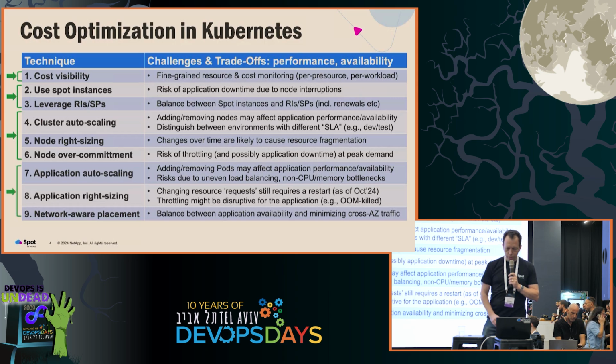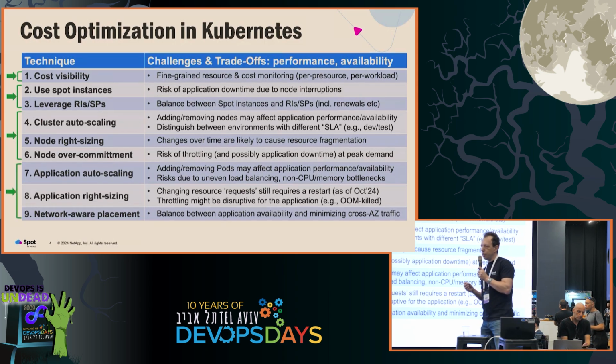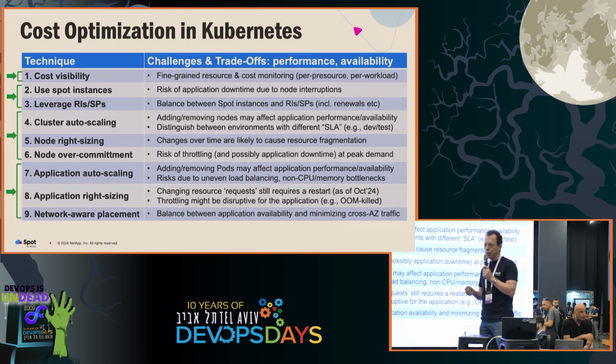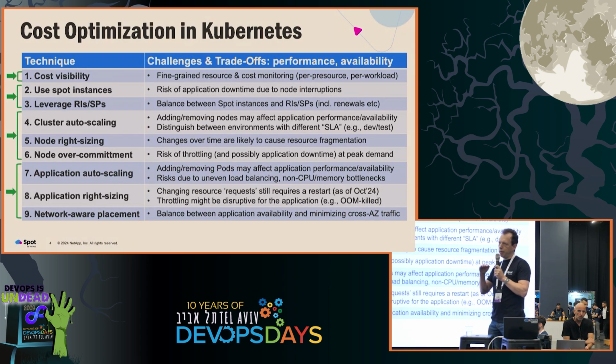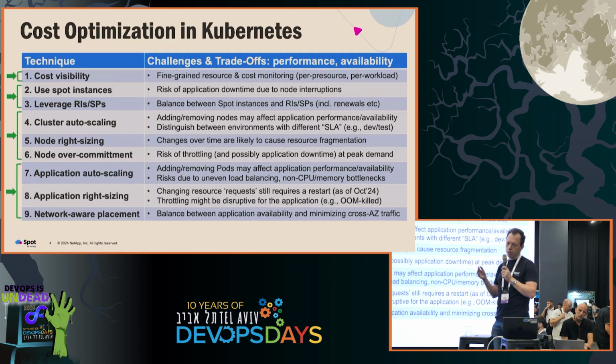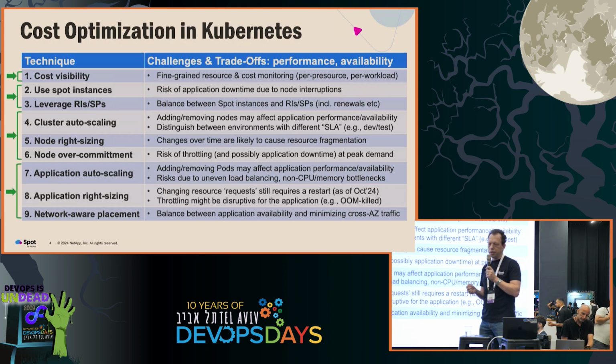So once you have your nodes, now you have lots of different groups of pods running on those nodes. So at that level as well, you can look at horizontal scaling, which is, well, if you're using Kubernetes, you're most probably using that already, the HPA.